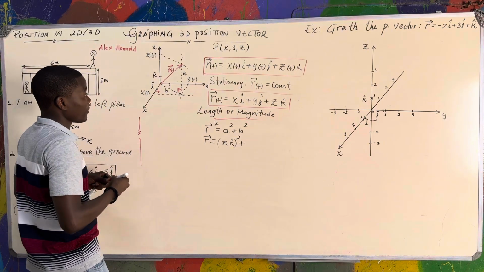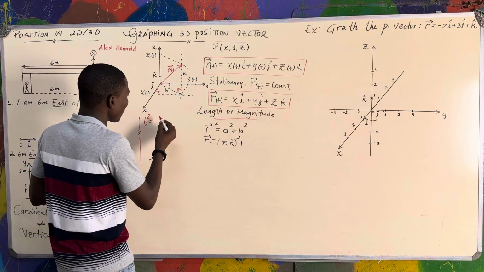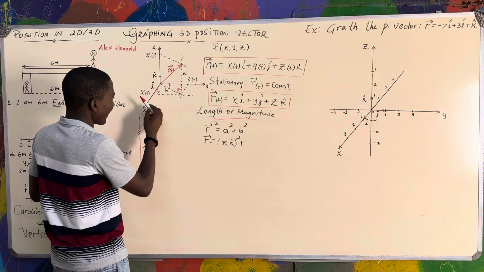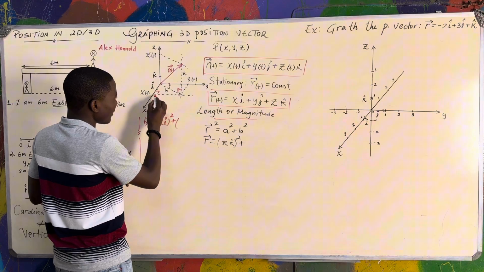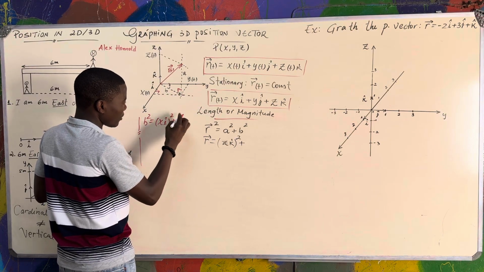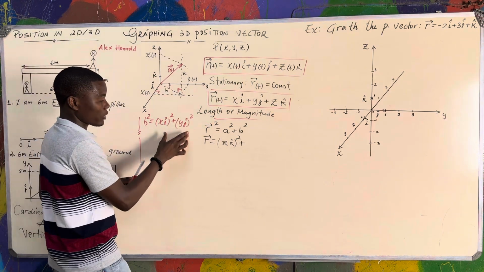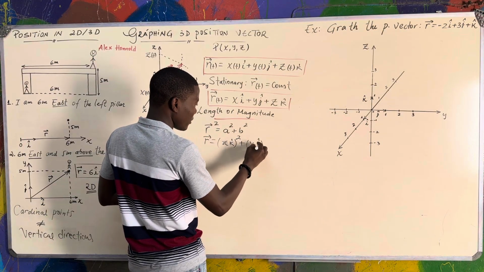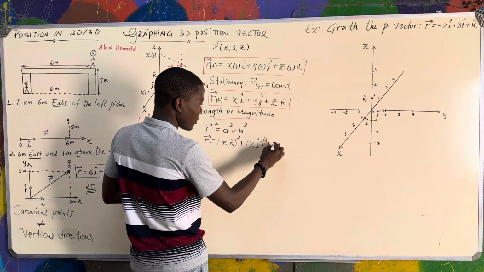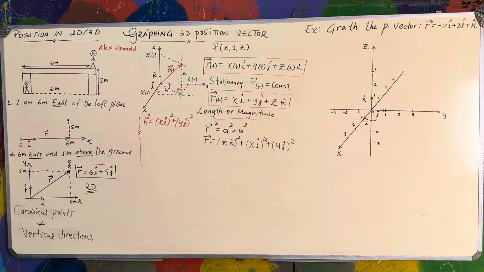So applying the Pythagorean theorem again, we'll have B squared equals this length, which is x i, squared, plus this length, which is y j, squared. So we copy this expression here: (x i) squared plus (y j) squared. This is very simple arithmetic.